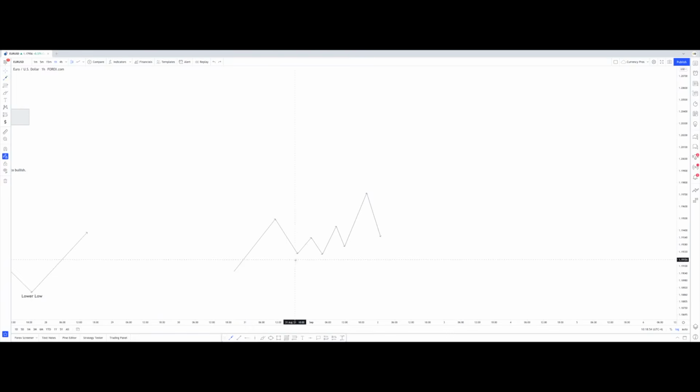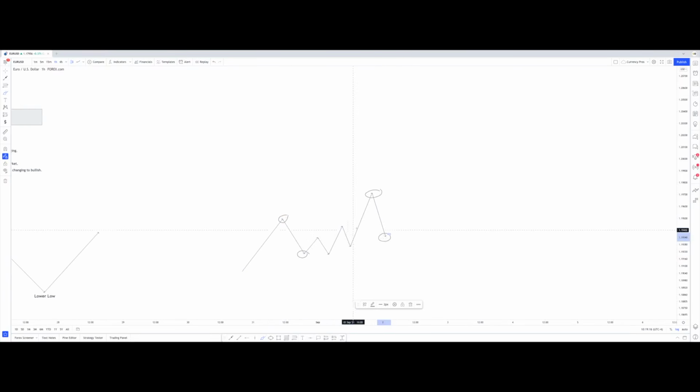So that is a bunch of little substructures in the overall structure, okay? So overall, this is a high point. This is our low. This is our new higher high, and this would be our new lower low, okay? Those are the major structural points here. Those are the swing points, as some refer to them. And everything in between is substructure.